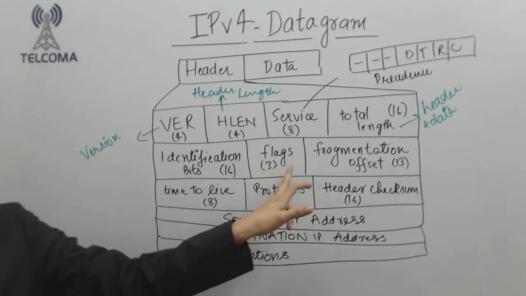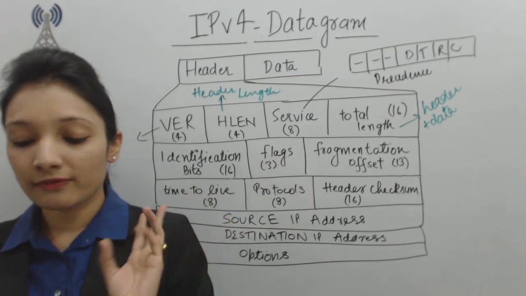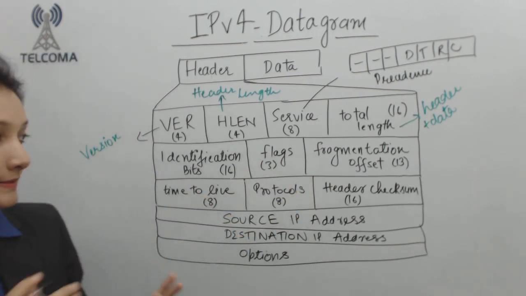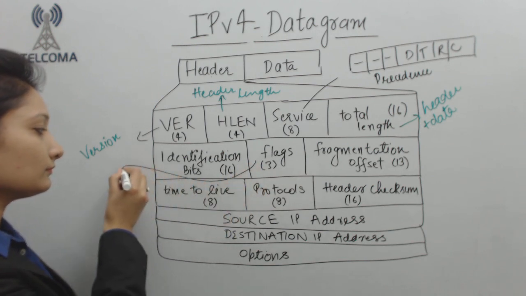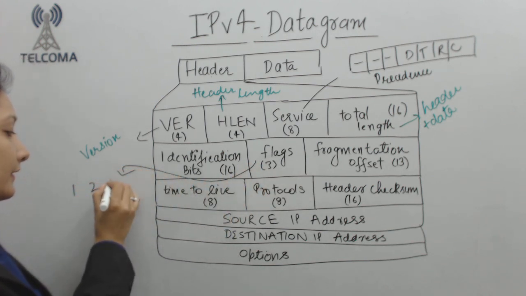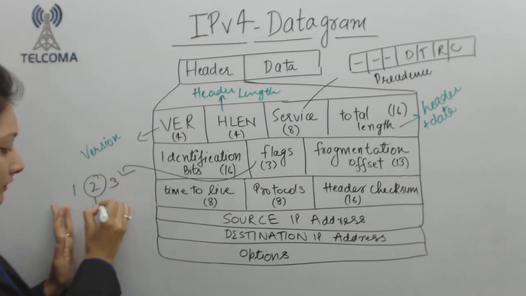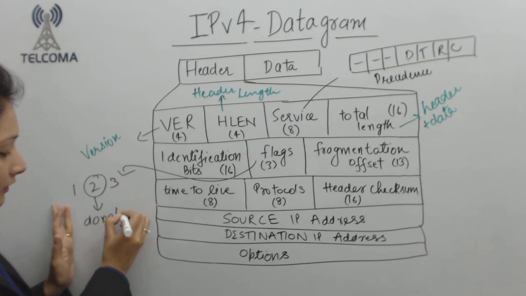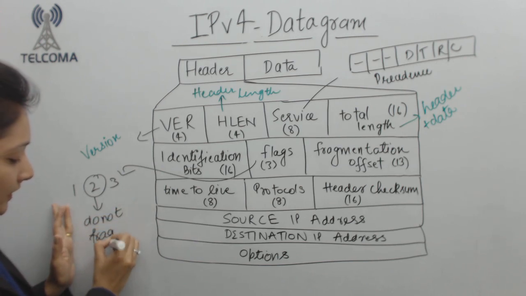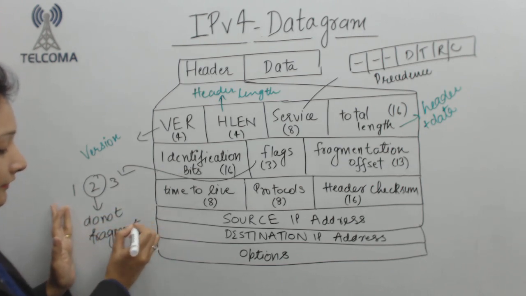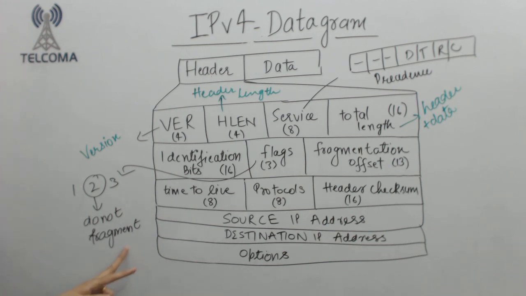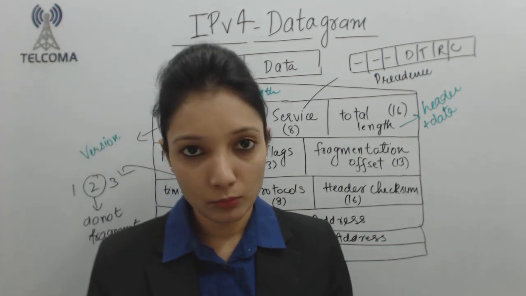Next you have the 3-bit field, which is your flag. It has these 3 fields. The first one is reserved. The next field is do not fragment. If its value is set to 1, it means that it should not be fragmented more.